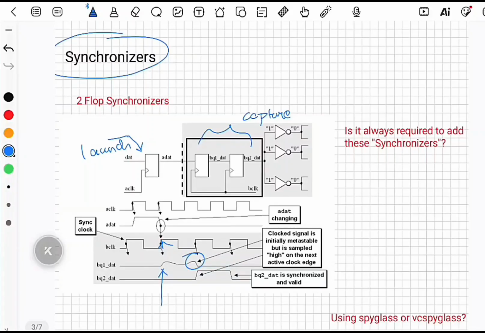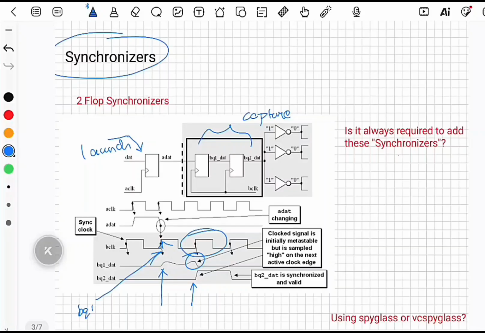Here it is going metastable; by this time it would have settled to a value, and this value I'm sampling. This clock edge is the BQ2 clock edge where I'll be sampling. This clock edge is the BQ1 clock edge where I'll be sampling. So basically what the synchronizer does is give the signal time to settle to a stable value. We are not removing the metastability, we are just allowing the signal some time to get stable.